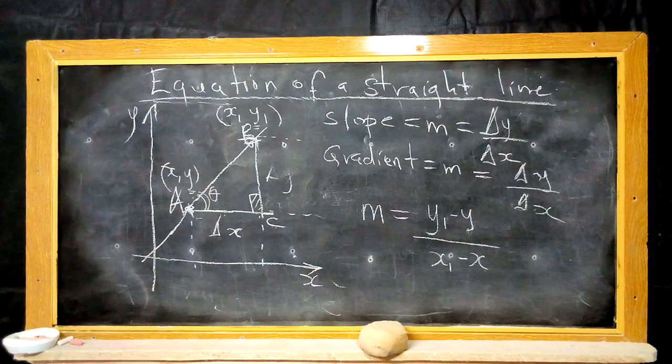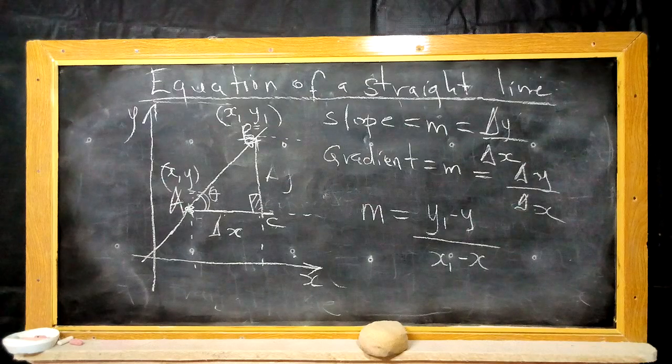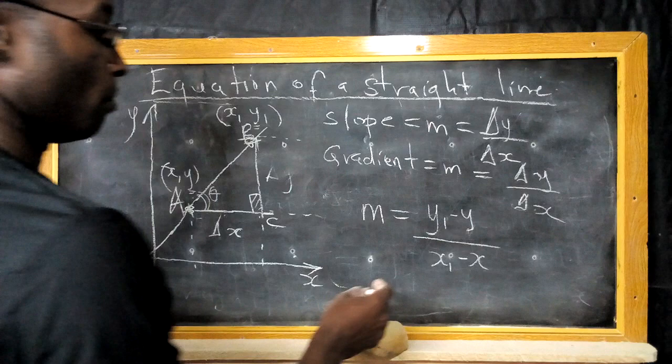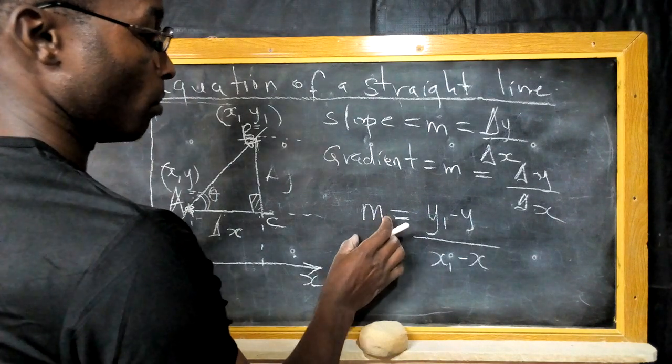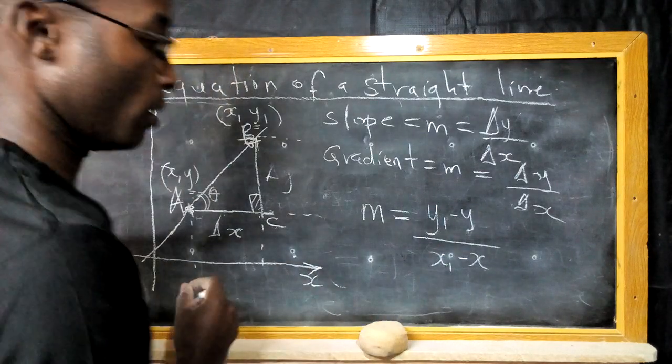So this particular equation, the change in y over change in x, gives the formula for slope, and it can be used to denote the equation of this particular line, or the relationship of this line, given that one expression is equivalent to another, then that will give us an equation.